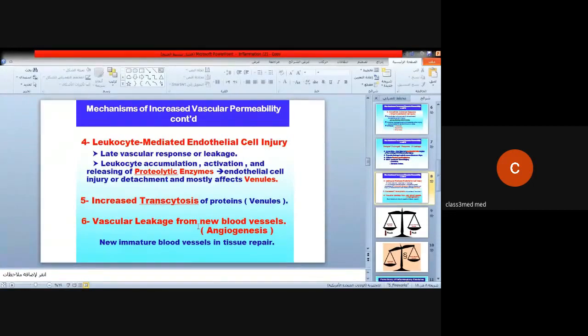And these 6 mechanisms are responsible for making openings or gaps in the wall of the blood vessels. But the movement or exchange of fluid across the wall of the blood vessels is controlled by 2 processes. The movement of fluid across the wall of the blood vessels is an active process, needing energy and forces to move.